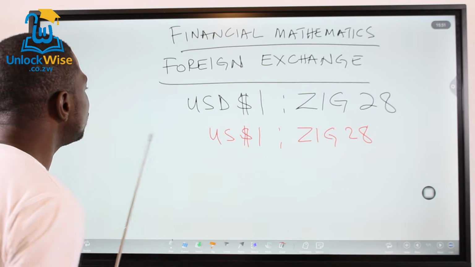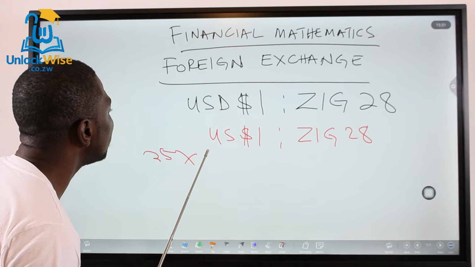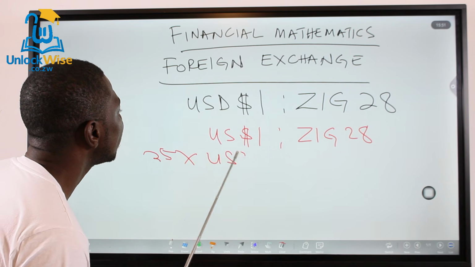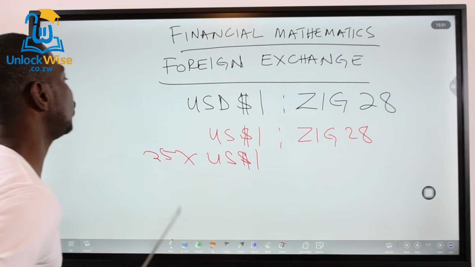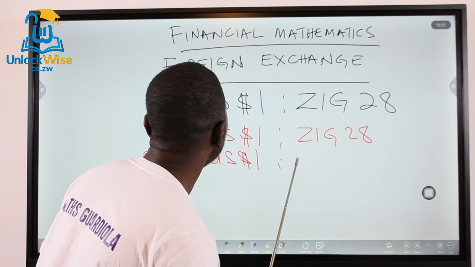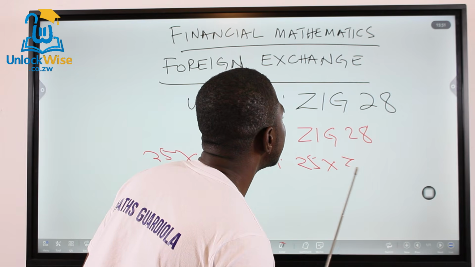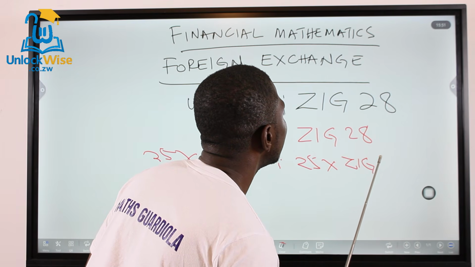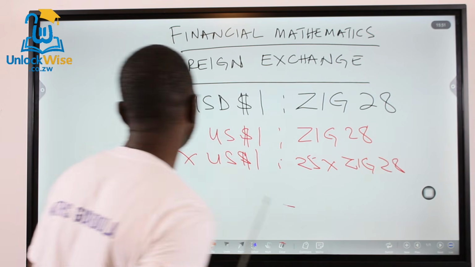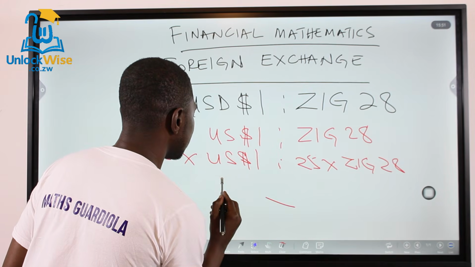So what you are going to do here is you are going to use your 25 multiplied by US dollar, right? And what you do to this side is what you also do to this side. So we have 25 multiplying the ZiG 28. So this side you have it as 25 US.